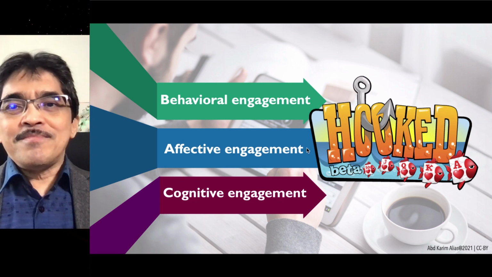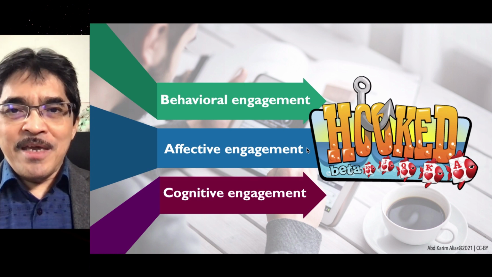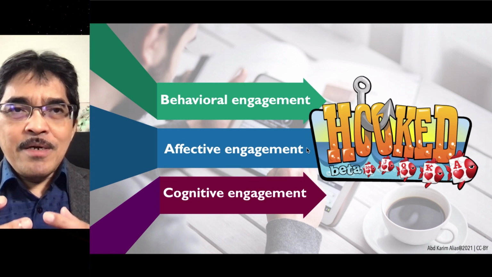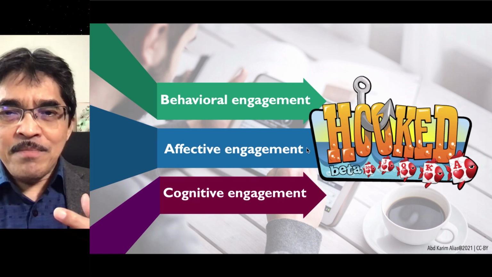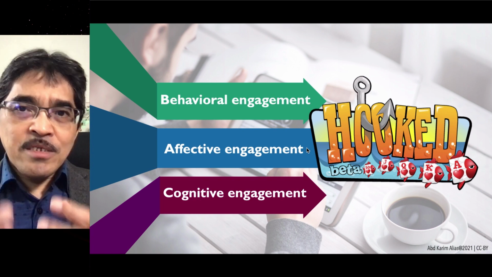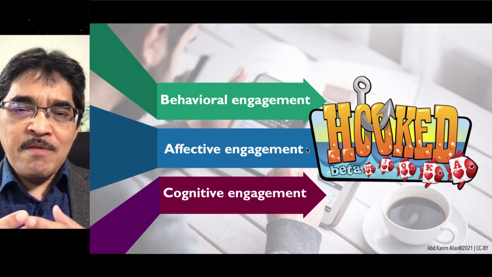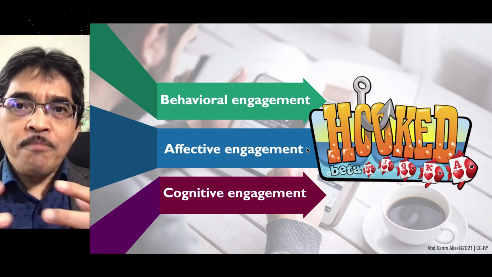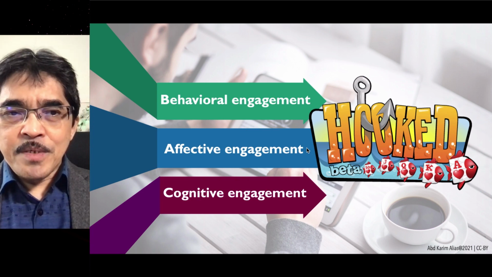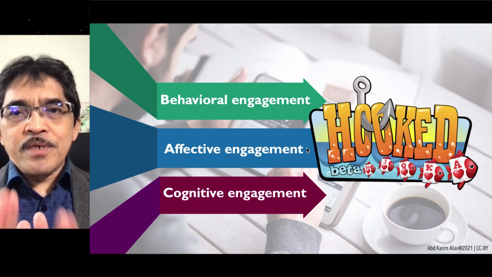When they get hooked, that's basically they are highly engrossed, they are highly immersed in the learning environment. So we now have a true active learning environment, immersive learning environment, and the so-called optimum learning can happen within this environment.